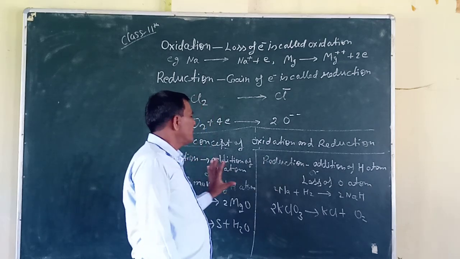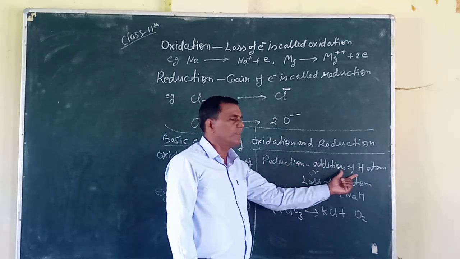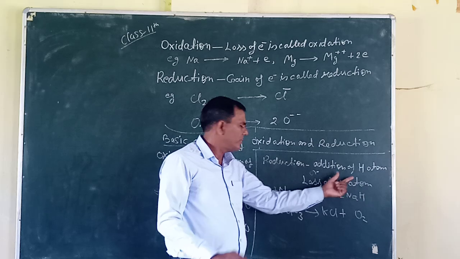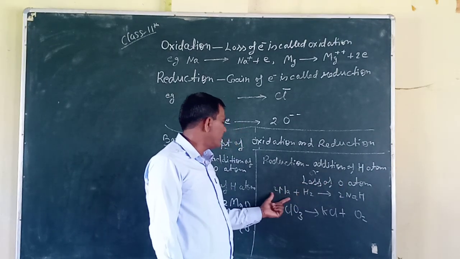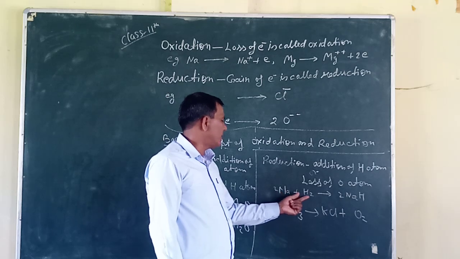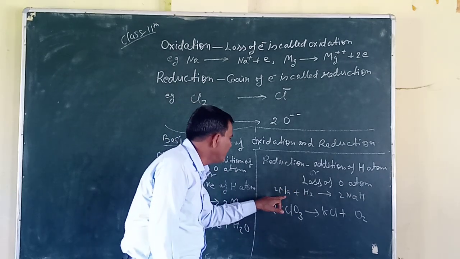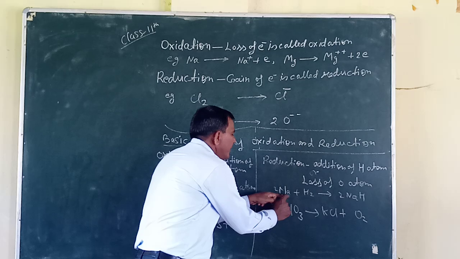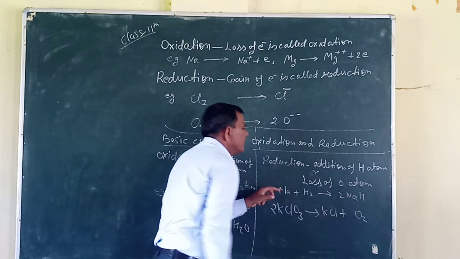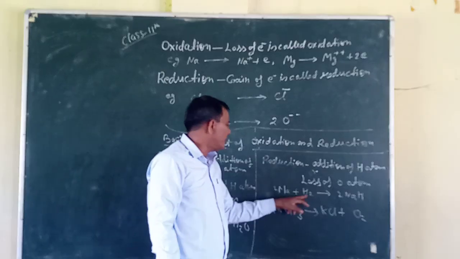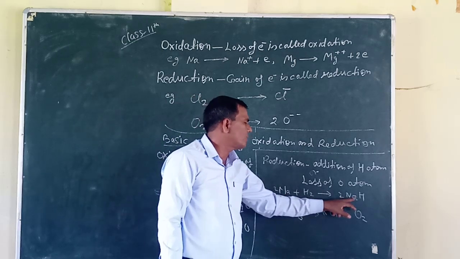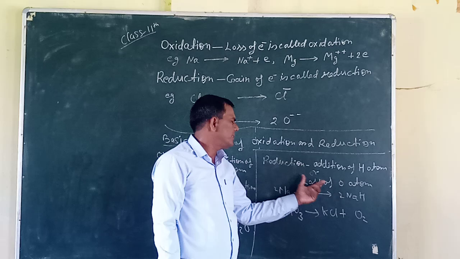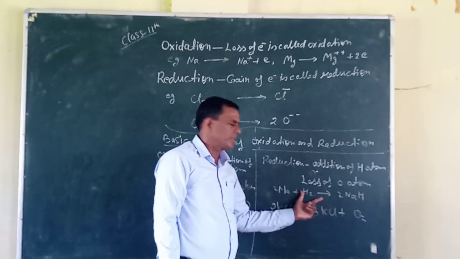Now the reduction process: addition of hydrogen atom or loss of oxygen atom. Reduction is the opposite process, addition of hydrogen atom or loss of oxygen atom. For example, sodium plus hydrogen: hydrogen will be added and this gives sodium hydride, which is a reduction process.